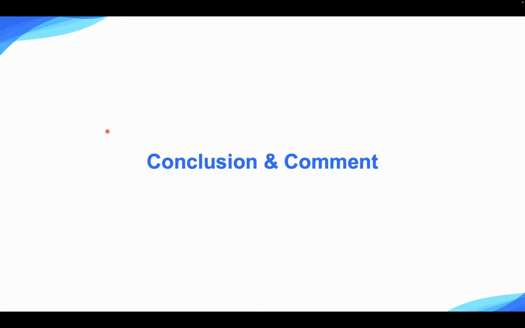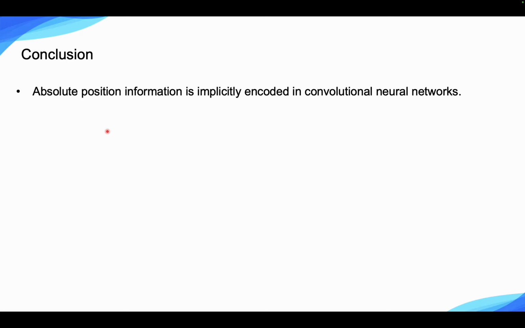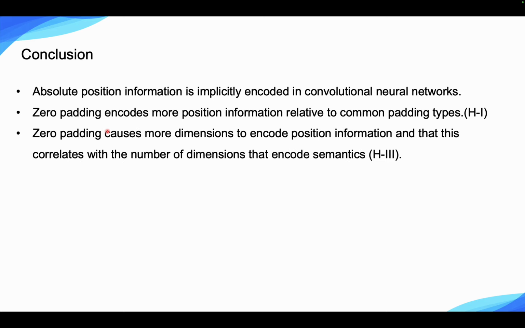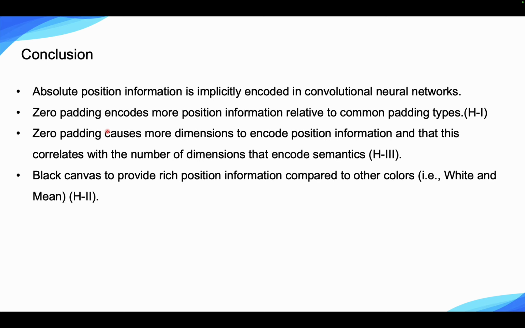Finally, the conclusion and comments. Here are the key findings of this paper. First, absolute position information is implicitly encoded in convolutional neural networks. Second, zero padding encodes more position information relative to common padding types. Third, zero padding uses more dimensions to encode position information, and this is correlated with the number of dimensions that encode semantics.